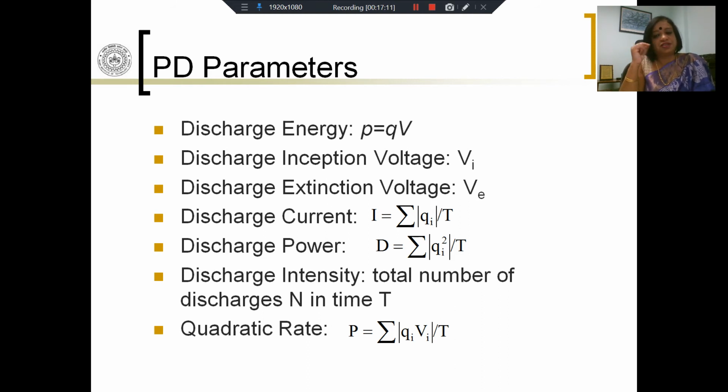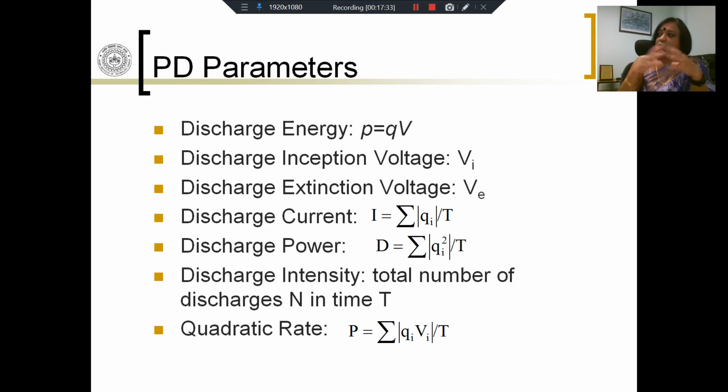Now the question is, if you know the PD inception voltage, why would you want to measure the PD extinction voltage separately? You would probably expect them to be equal, but that is not the case. You will find that in most cases, the PD extinction voltage is lower than the PD inception voltage. So you need more energy to start the PD.